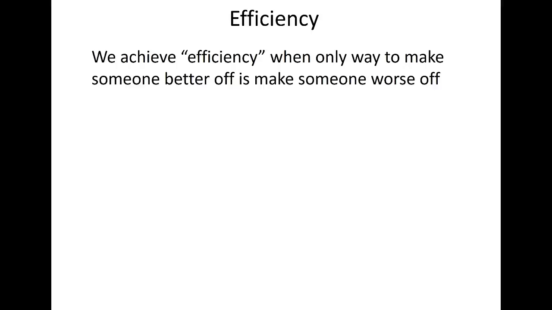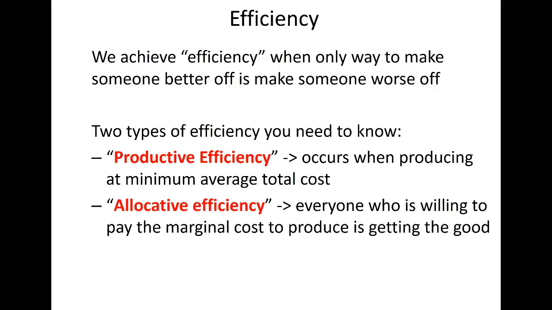And just to close off on this idea of efficiency, we talked about early in the semester that you're efficient when the only way to make someone better off is to make someone worse off. And the two really important types of efficiency, which I've already touched on in this little discussion, but I want to make sure we have the names associated with them, are the two that you have to know and be able to identify.